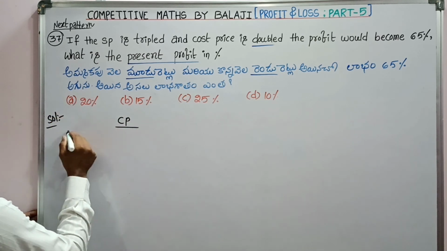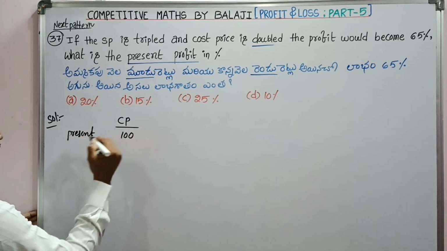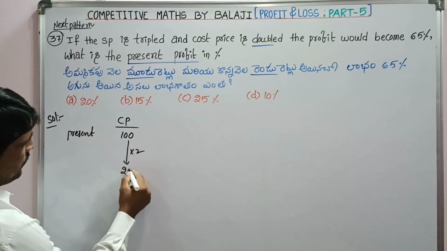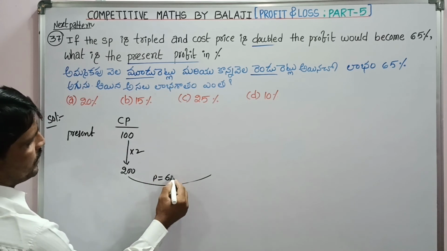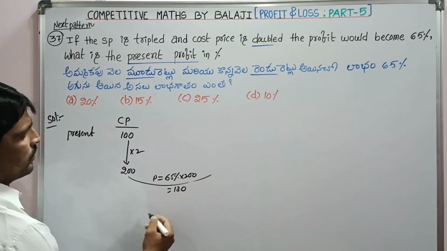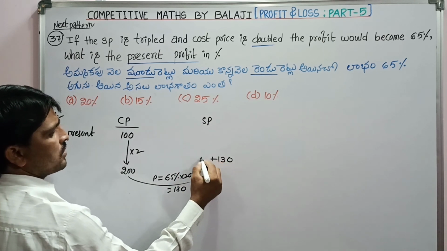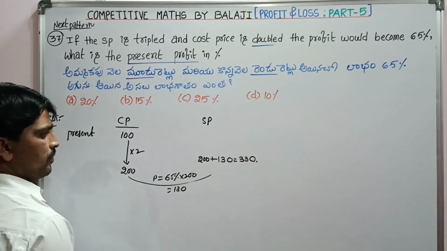Let present CP be 100. When it is doubled, CP becomes 200. Then profit is given by 65%. 65% of CP 200 is 130. Then what is SP? Profit plus CP 200. That is 330 is SP.